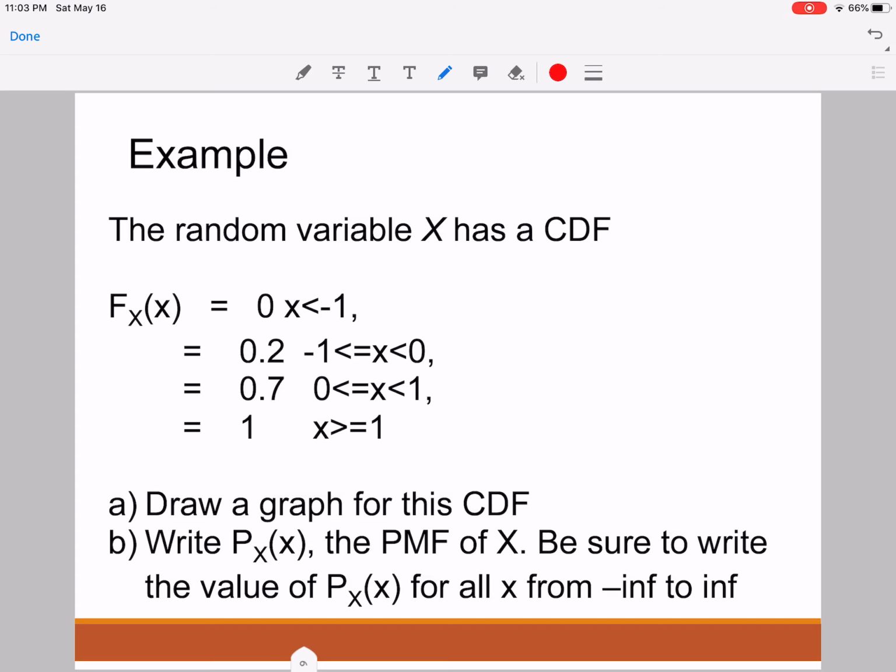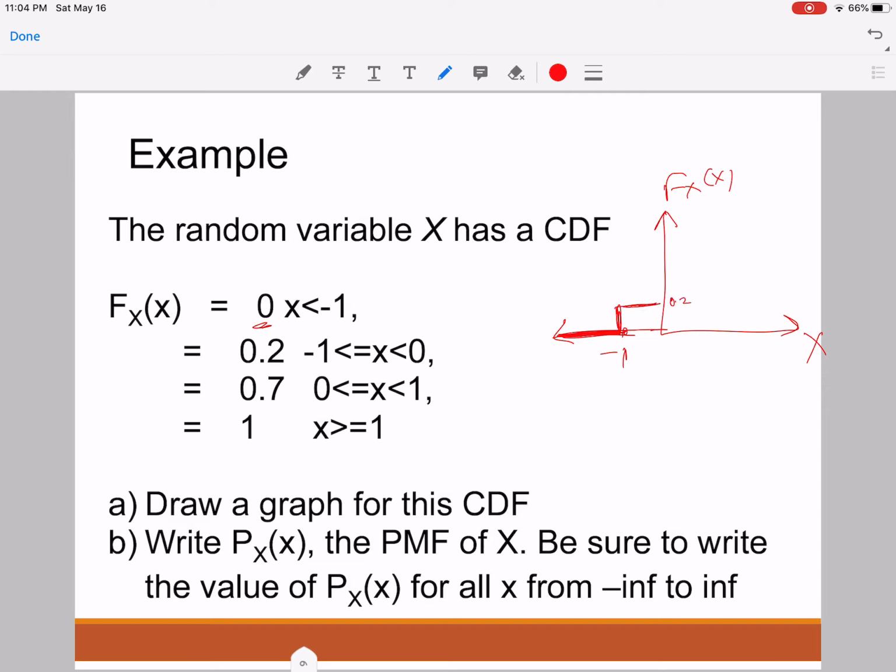So first, start with plotting this CDF. For all the values of x that are less than -1, this CDF is equal to 0. But at x equal to -1, this CDF jumps to a new value which is equal to 0.2.